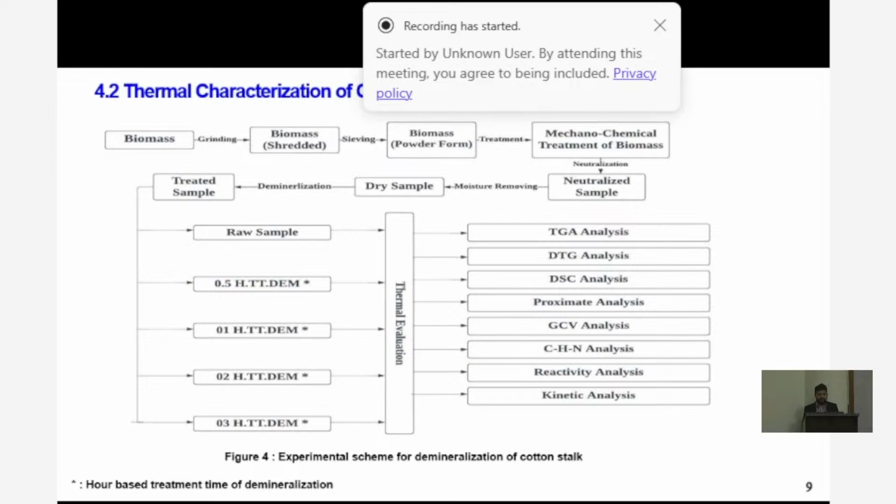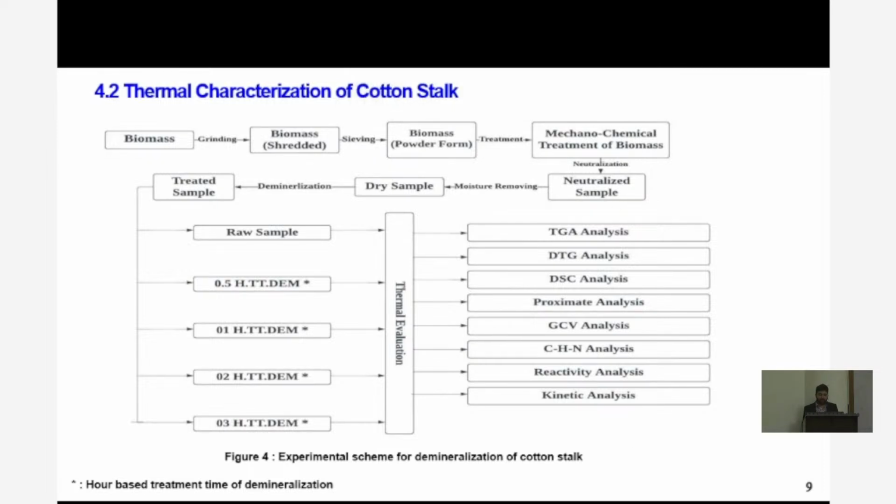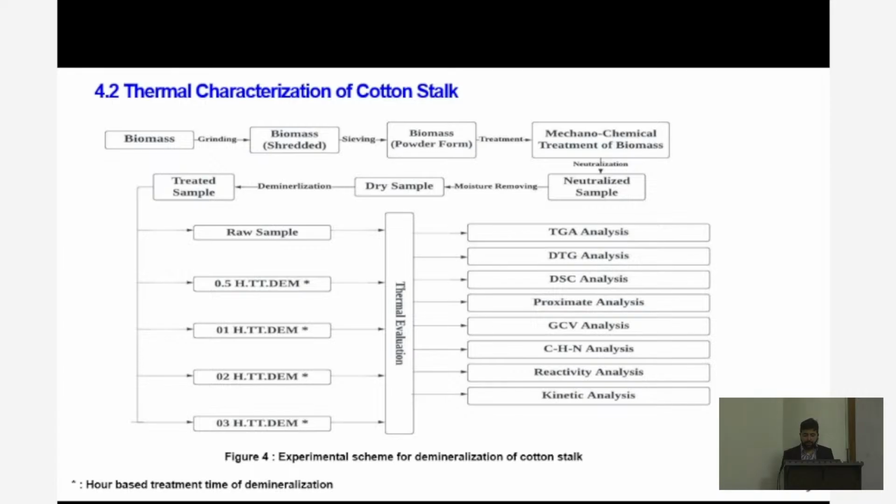This is the scheme we have adopted. As I mentioned earlier, we prepared the biomass sample, from sand to shred formation, then biomass powder form, thermomechanical treatment, and neutralization of the sample, and then treatment was done to achieve different formations.